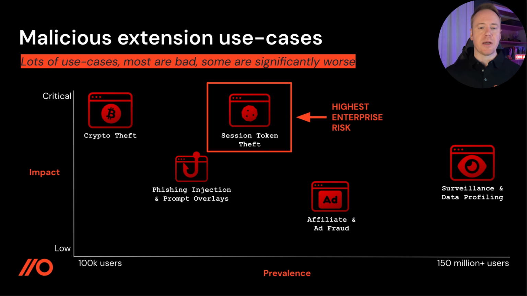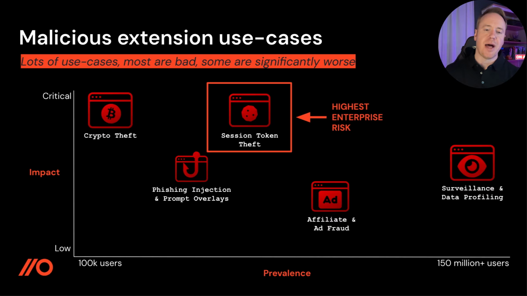Now, when it comes to what the extensions actually do, that varies quite widely as well. And whether it's some of the campaigns that we talked about a few minutes ago, some of the things we're seeing today in the wild, most of these extensions fall into one or more of these categories. Either it's crypto theft, session token theft or ad fraud or data profiling and surveillance.